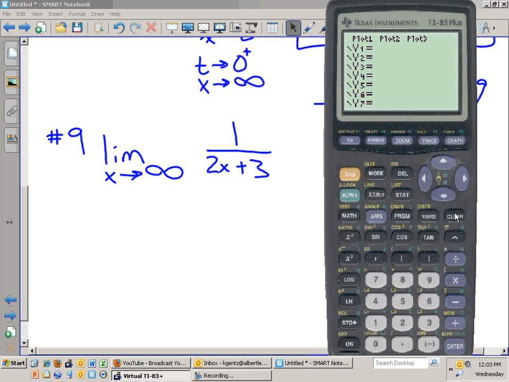So we're going to look at one example, okay? And this will be the most basic example. I'll show you how to verify this algebraically.